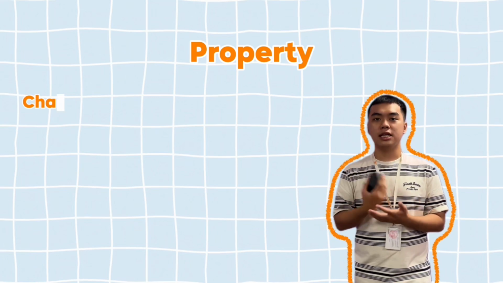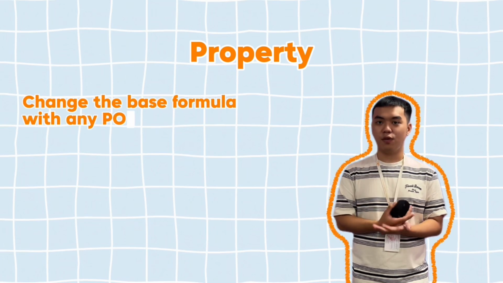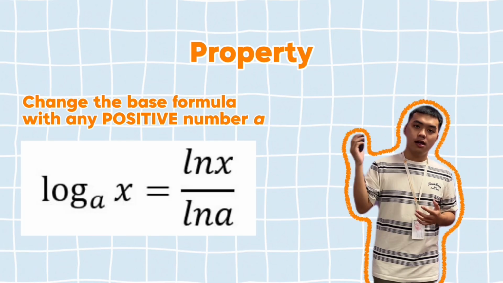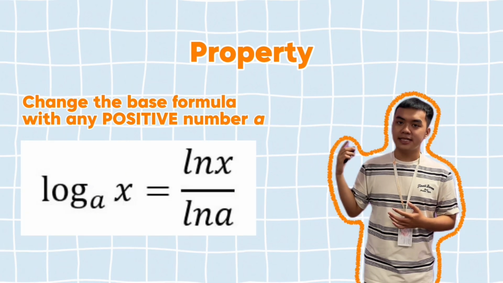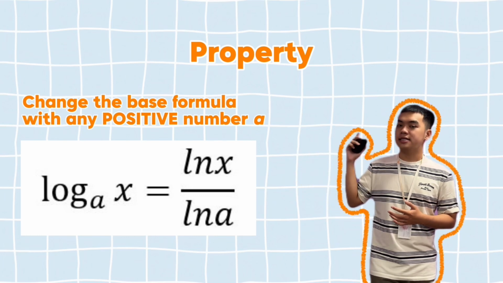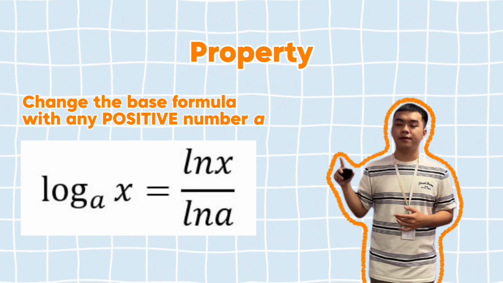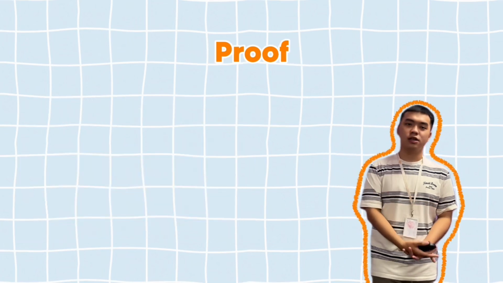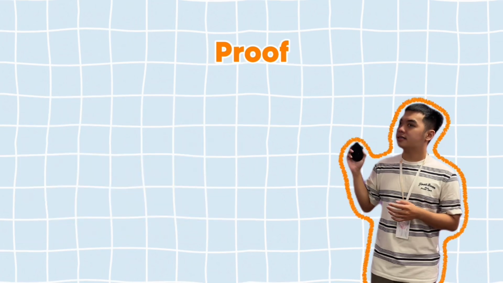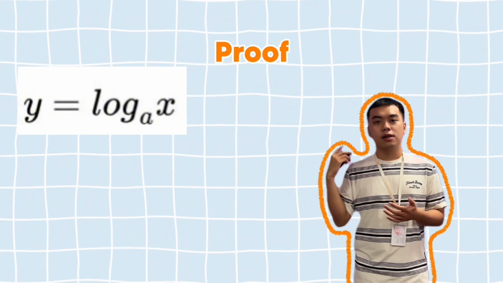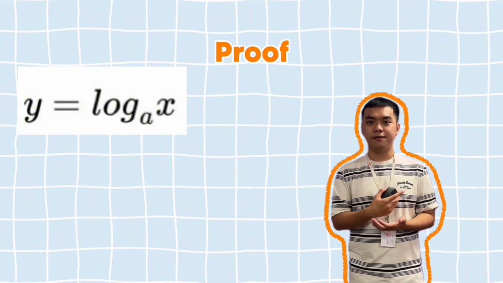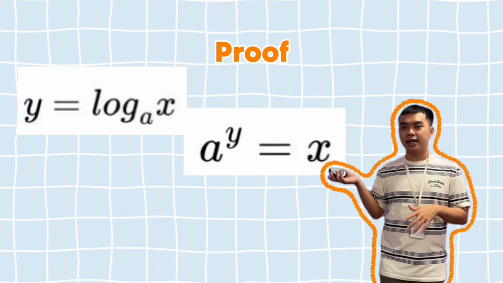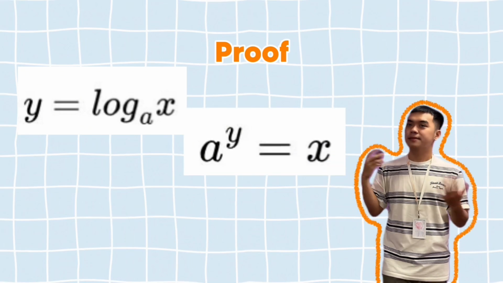First, the change of base formula with any positive number a. We have logarithm base a of x is equal to natural logarithm of x over natural logarithm of a. So here's the proof for it. Let y equal logarithm base a of x. And then we have a to the power of y equal to x.